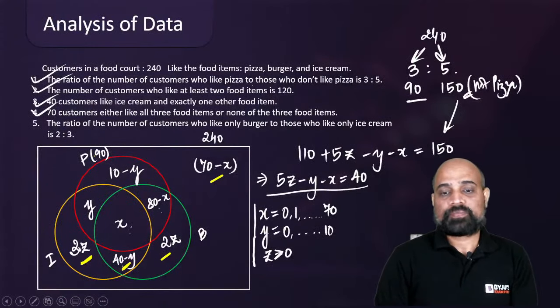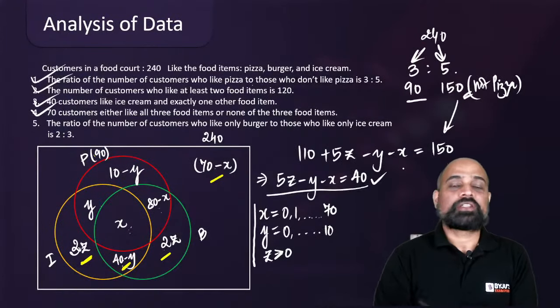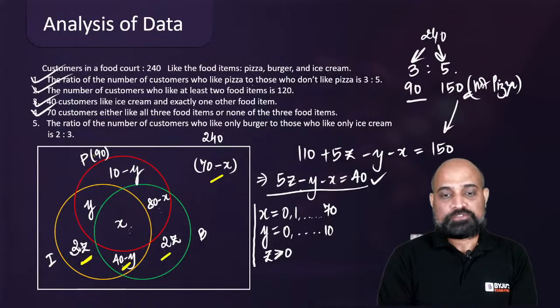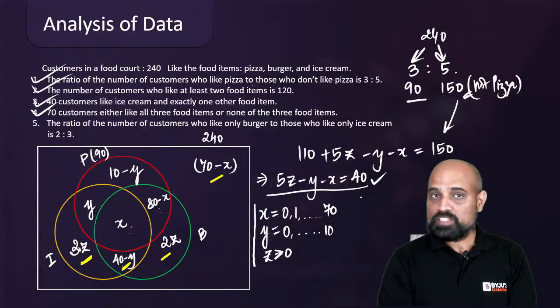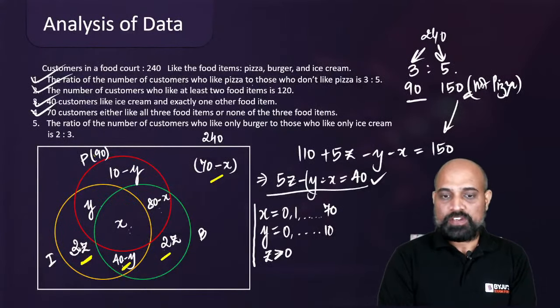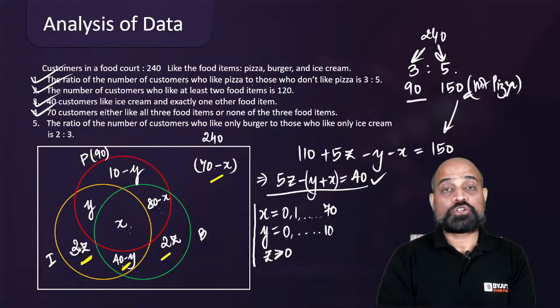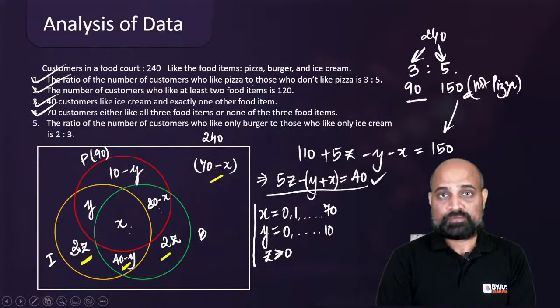Now if you look at the equation that we have got, 5z is in the table of 5, and 40 is also in the table of 5. So can we say y plus x should also be in the table of 5?